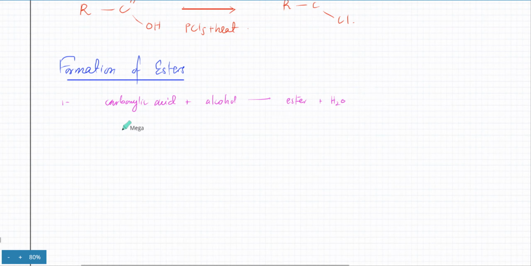So what happened in that reaction was that you had a carboxylic acid molecule and you had an alcohol molecule. So there was an OH group on the other side. The H and the OH, and there's an OH over here. Both OH groups are going to react, and the carboxylic acid would lose its OH, and the alcohol group would lose its H, and they would end up forming water molecules.